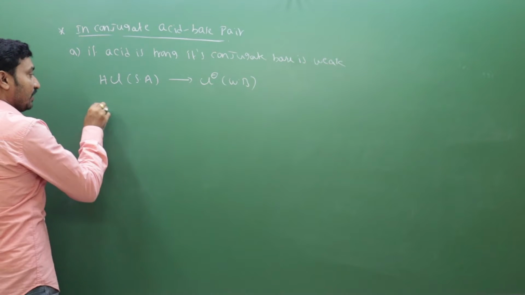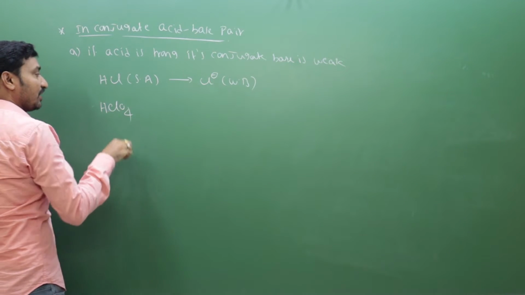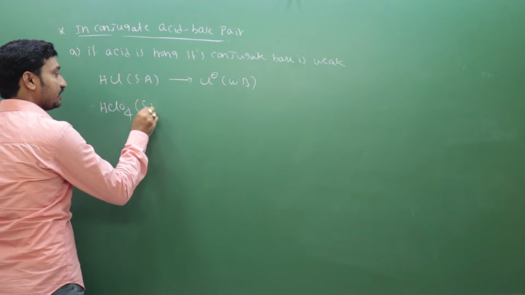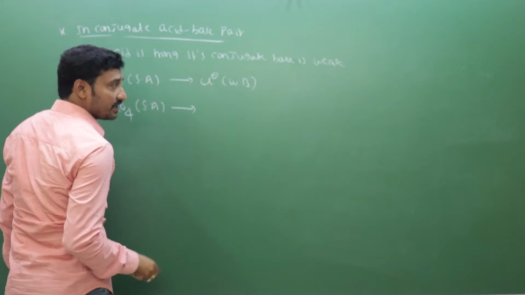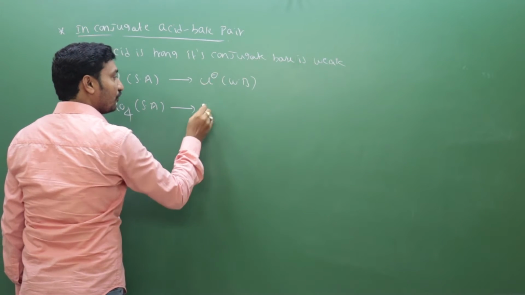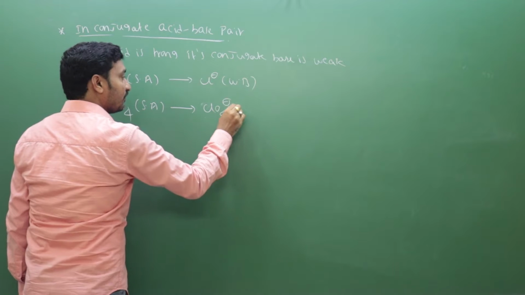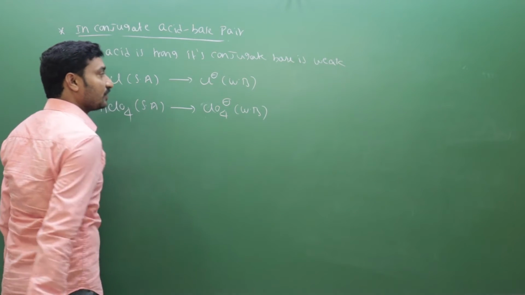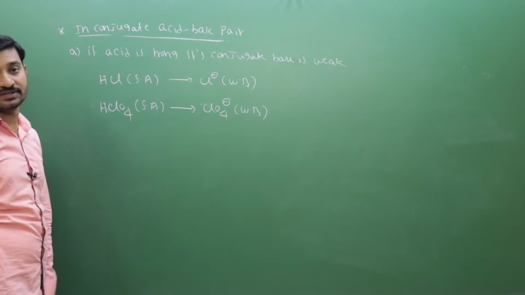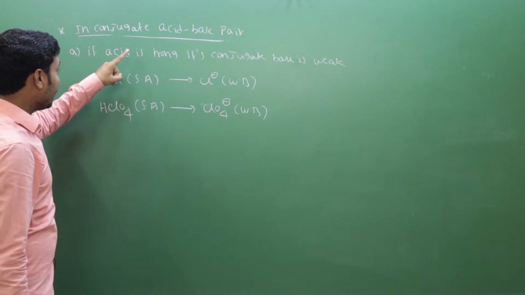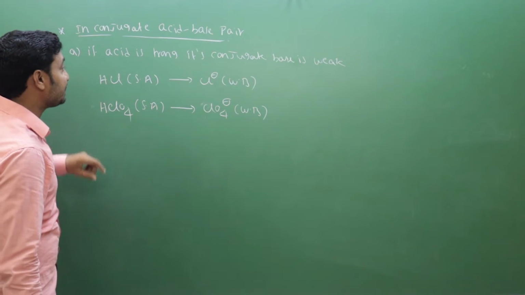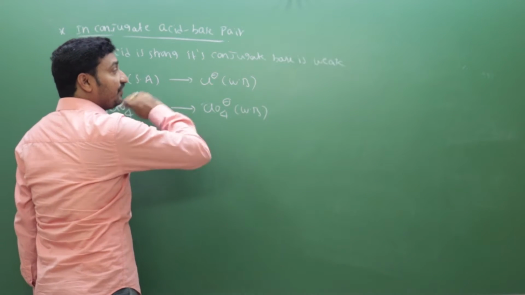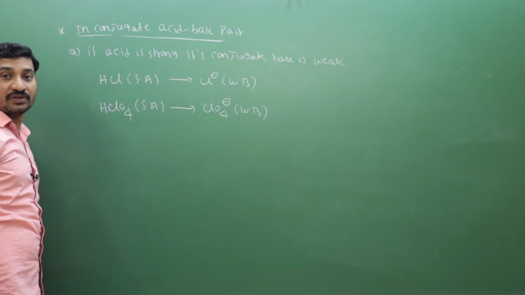Next, HClO4, perchloric acid, a strong acid, its conjugate base ClO4 minus, a weak base. So every strong acid has a weak conjugate base.